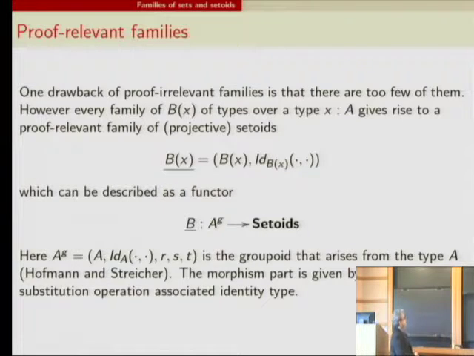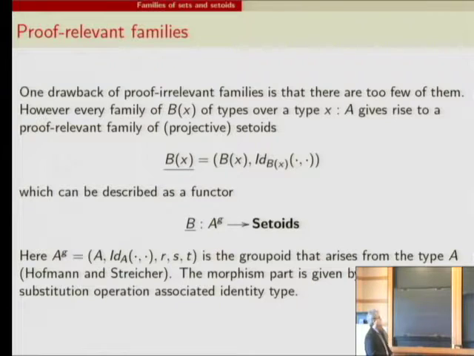So one drawback of proof irrelevant families is that there are too few of them. You will not have a proof irrelevant family for every family of type theory. One could think that it's possible by considering identity types.